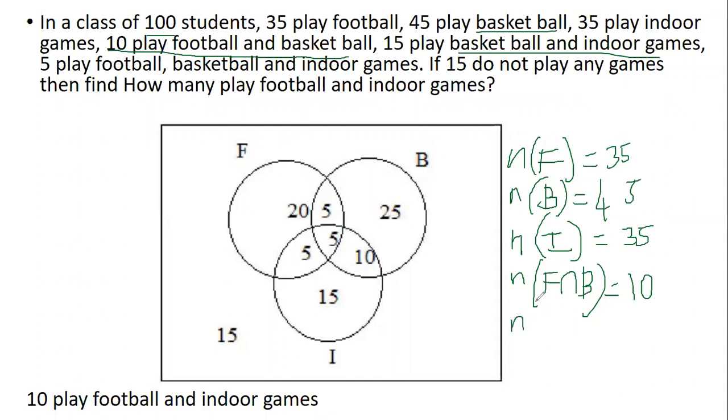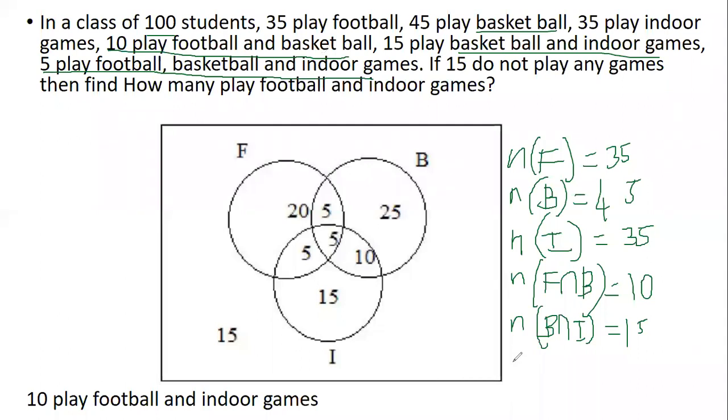Next, 15 play basketball and indoor games. So N of B and I, basketball and indoor games, is 15. Next, 5 play football, basketball and indoor games.